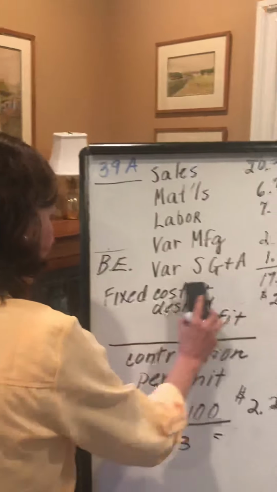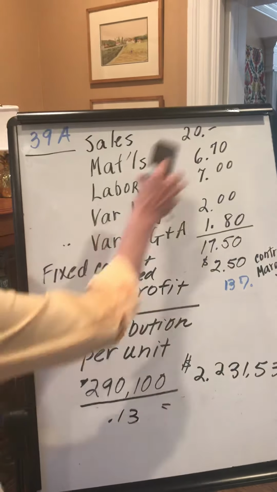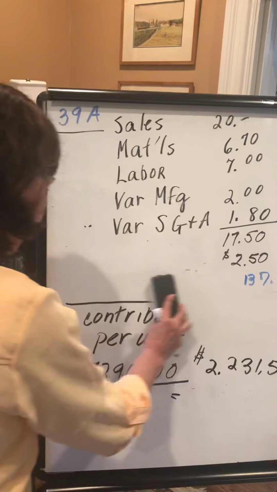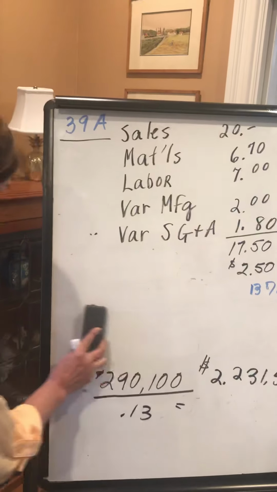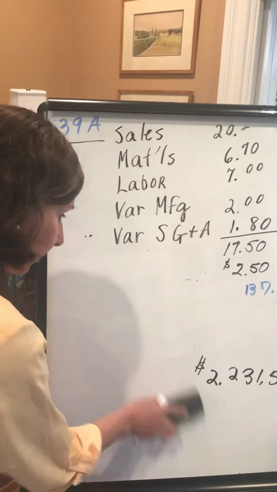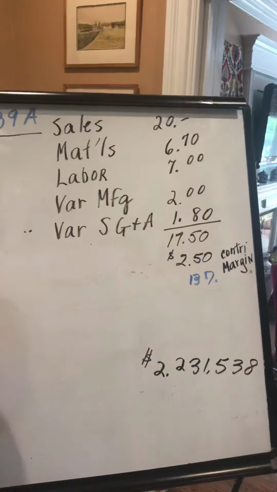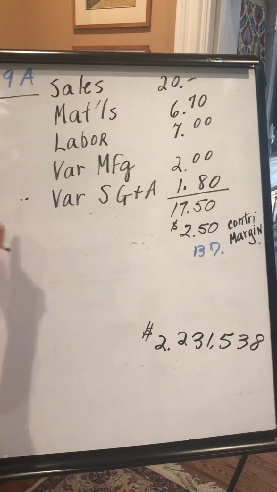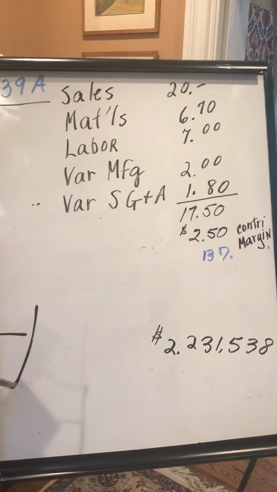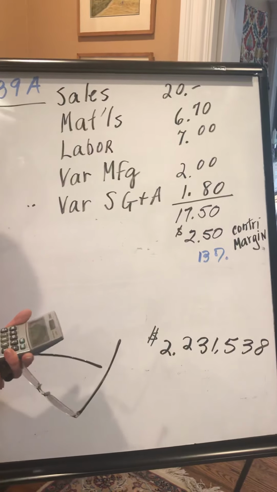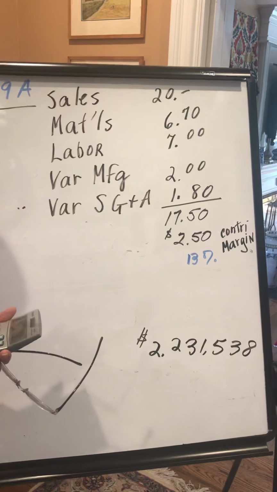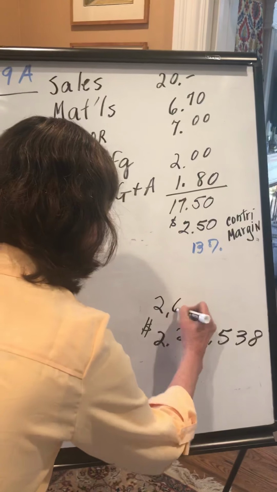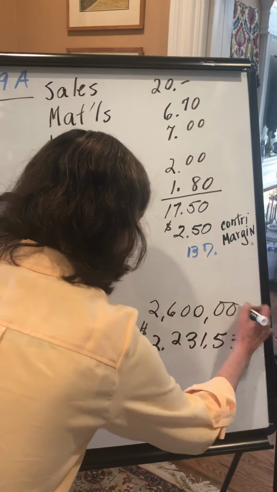I'm going to erase some of these things and keep this basic information. So we now have the break-even in sales. We'll go back to the original part of the problem. The company expected sales to be 130,000 units. So 130,000 times $20 a unit, their expected sales are $2,600,000.